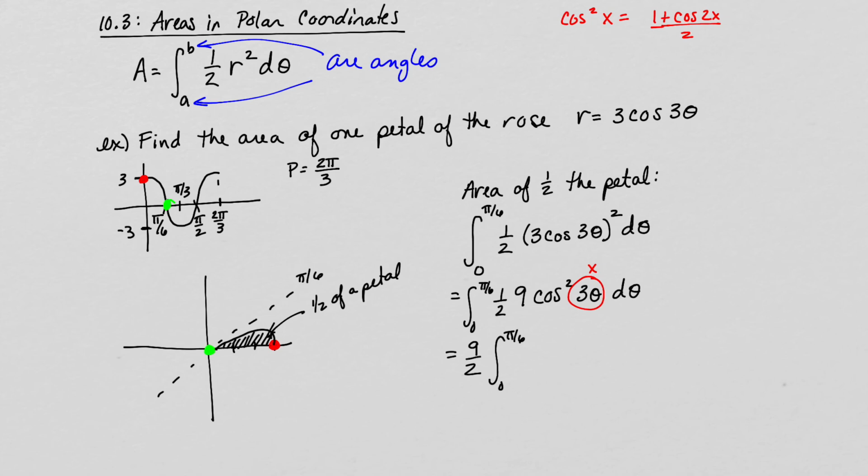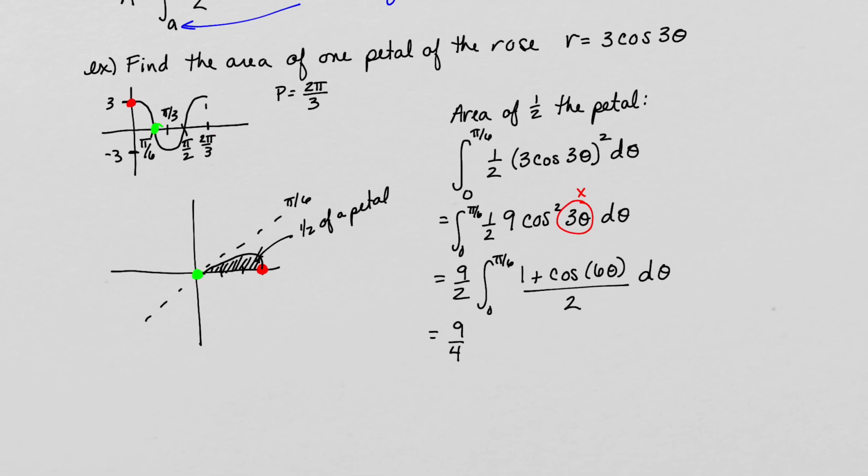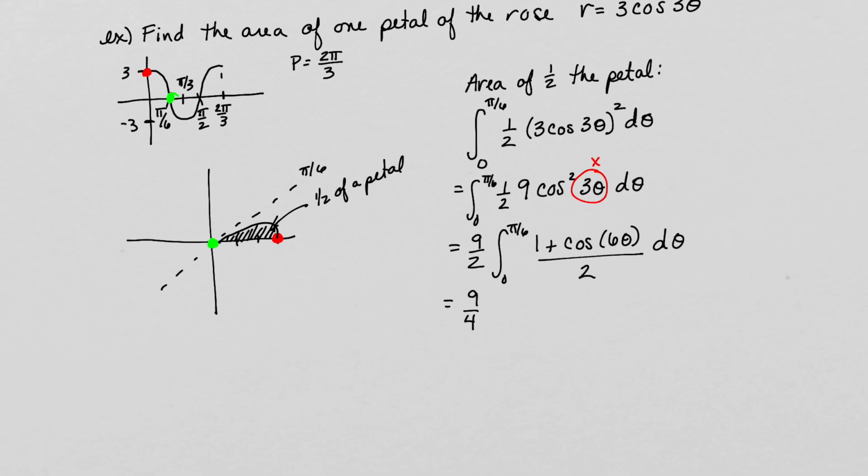So this is going to be 1 plus the cosine of 6 theta all over 2 d theta, because it's 1 plus the cosine of 2x, and in this case, x is 3 theta. So I could factor that 2 out in front. So this is going to be 9/4 times the integral from 0 to pi over 6 of 1 plus the cosine of 6 theta d theta.